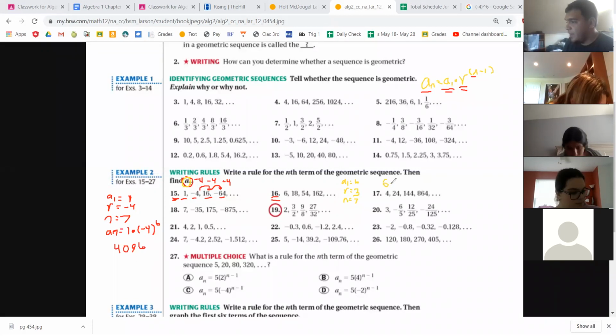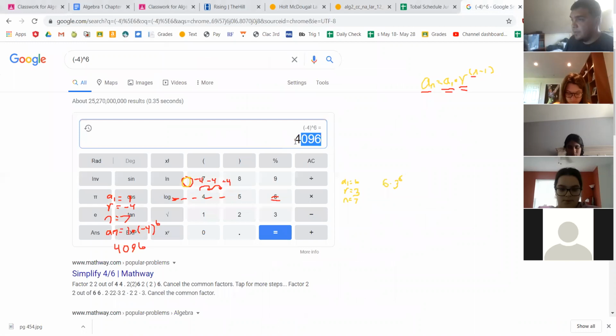6 times 3 to the 7 minus 1 power, which is 6. Very important, if you're going to do this in the calculator, write 3 to the 6th power first to make sure your calculator doesn't do the order of operations wrong. So this is going to be 3 to the power of 6 times that 6 that was in front.